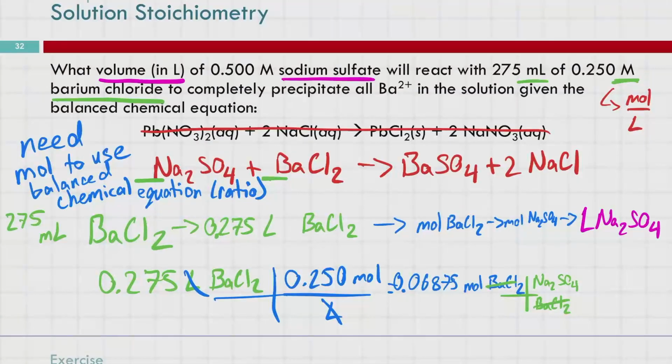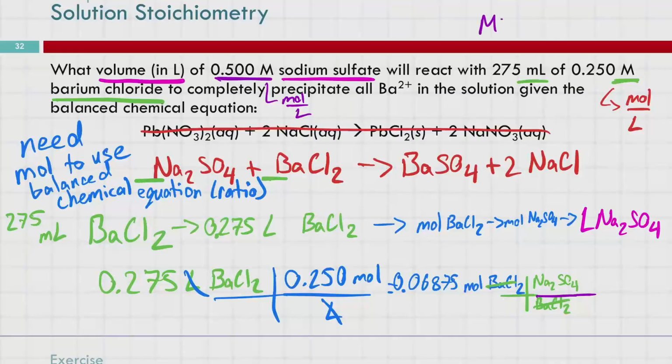So the barium chlorides cancel, and we get sodium sulfate. We've got moles of sodium sulfate, and then to convert to liters at the end, we have to use our molarity. And remembering that molarity is moles over liters, we have moles, and we're trying to get to liters, so we're going to divide by our molarity.